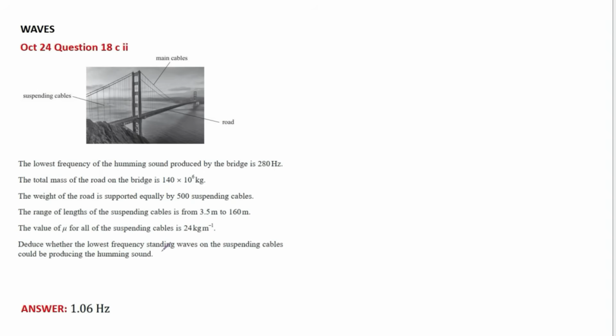So guys, this is my first hint. You're dealing with a standing wave here, right? And look at the cables, everyone. So the cables are attached at the ends. And if a standing wave is formed, this is the shape of the waveform, right?